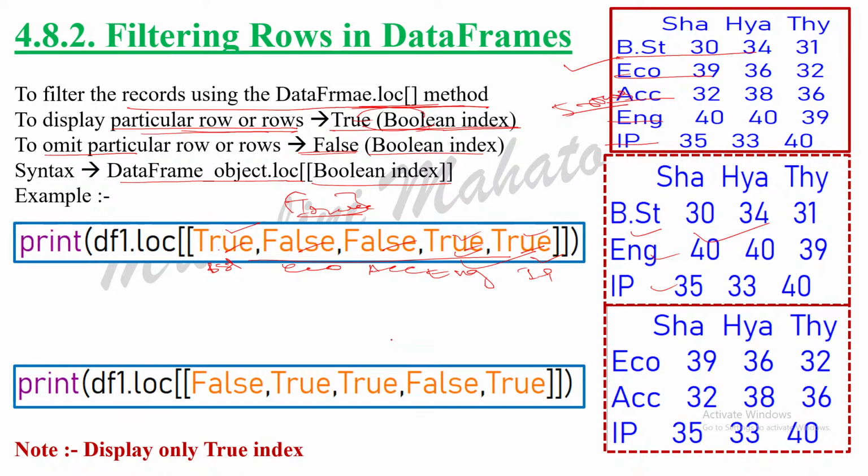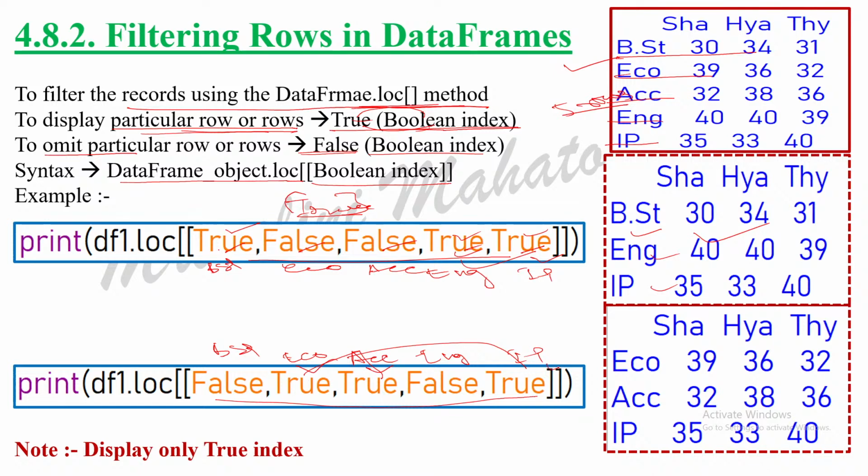Next, if you write df1.loc[False, True, True, False, True], it will also display only the True part. Here the first is BST, which is False, the second is economics, the third is accountancy, the fourth is English, and the fifth is IP. Which parts are True? Economics, accountancy and IP.